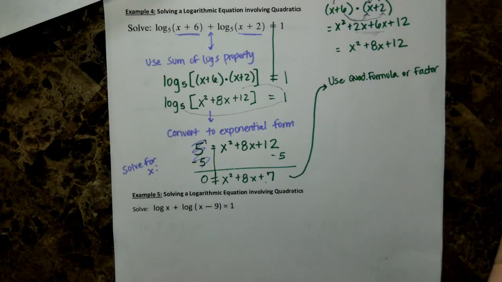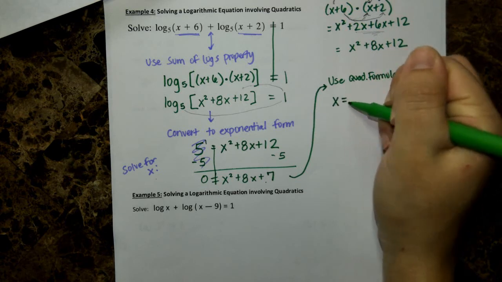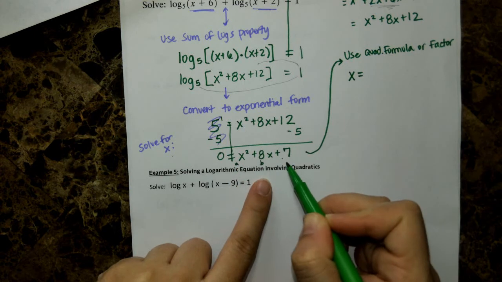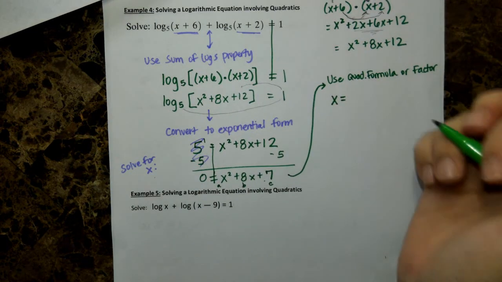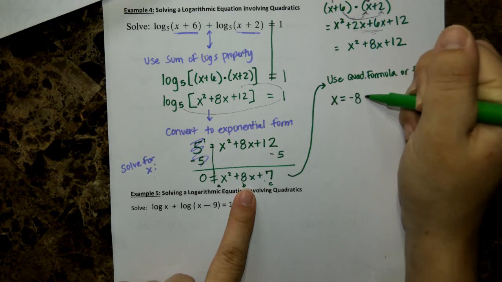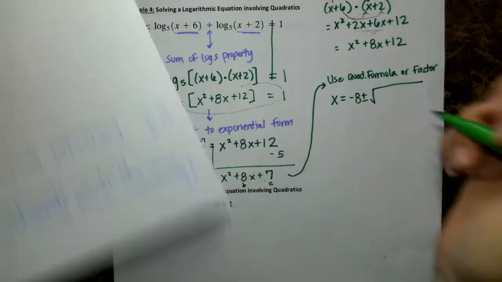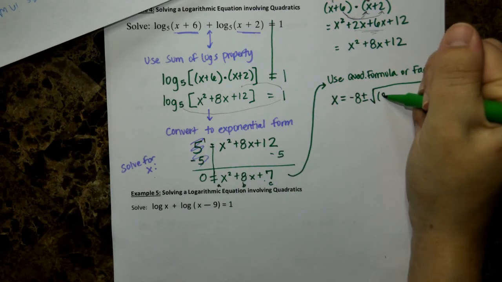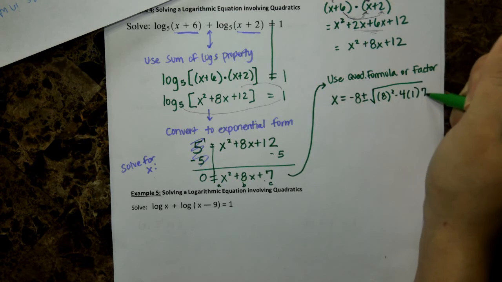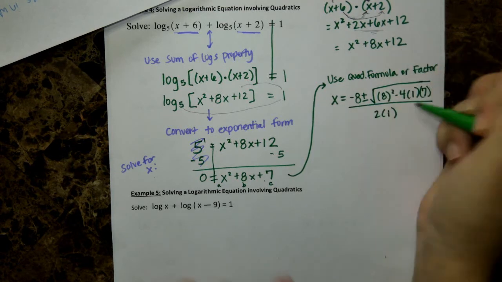I'll go ahead and just do the quadratic formula. X equals negative, and remember, a is 1, b is 8, and c is 7. So to solve this, I would just plug in negative b, which is negative 8, plus or minus the square root of, I'm just using this formula, 8 squared minus 4 times 1 times 7, all over 2a.